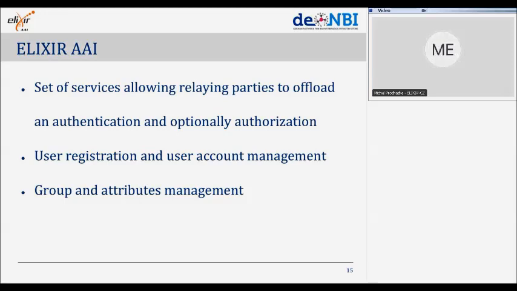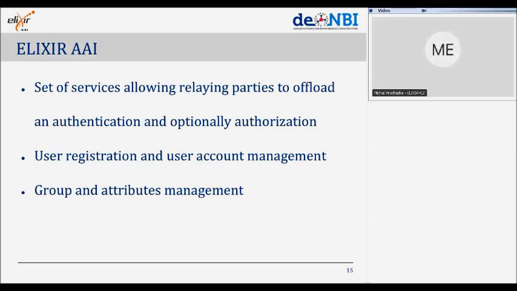So one of the biggest services which the Elixir AAI provides is user registration. It takes care of the user registration, the user account management, and the group and attributes management. So groups, you can somehow organize users into groups within the Elixir AAI, and you can also assign attributes to the users, to the groups, to the relationship between, for example, a user in a group and so on.